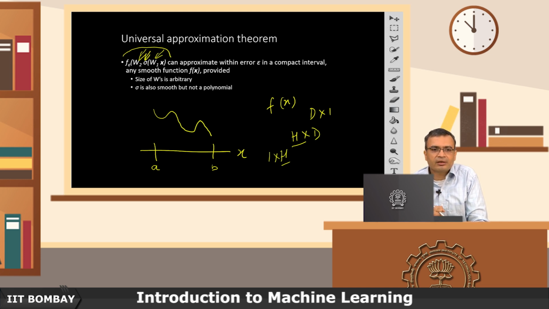I can change that around. If I am allowed to increase it arbitrarily, it is a positive integer, then I can come within an epsilon error, plus minus epsilon, of the function f of x using just this particular form for any function f of x, provided it is not discontinuous and it does not have infinite derivatives and so forth.